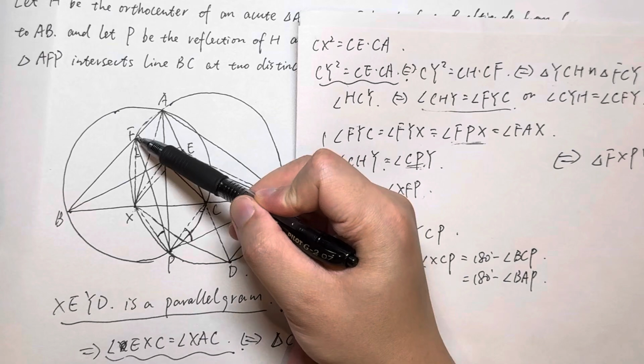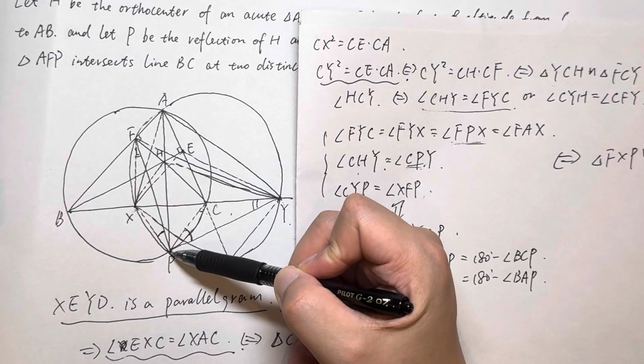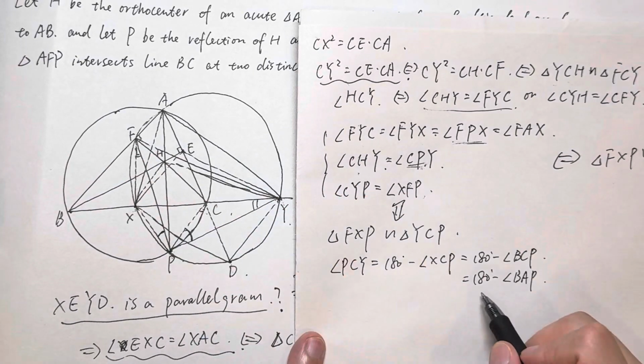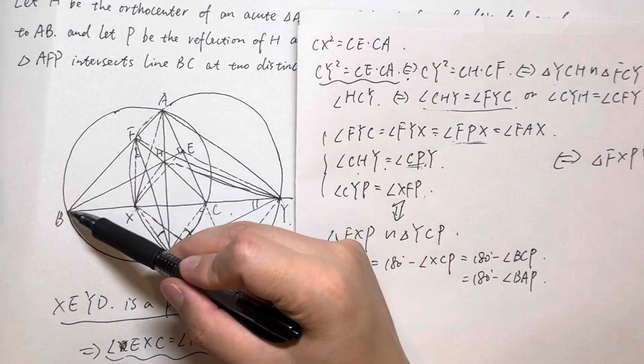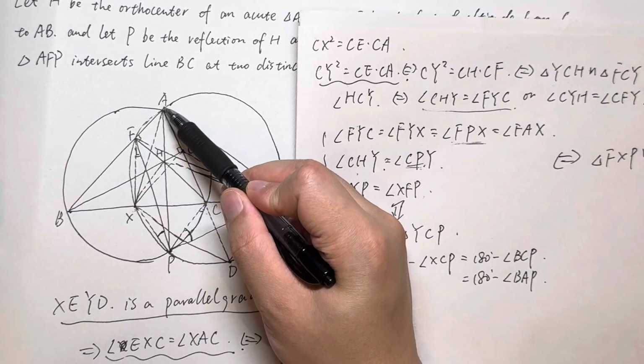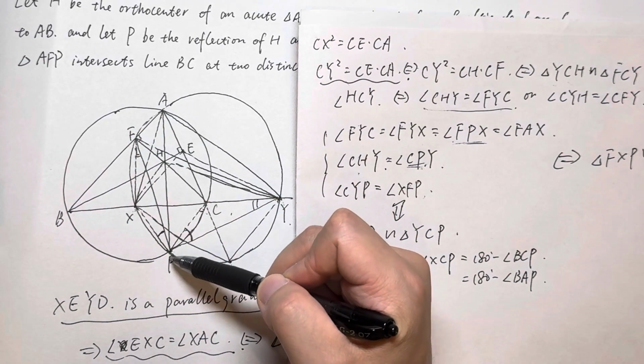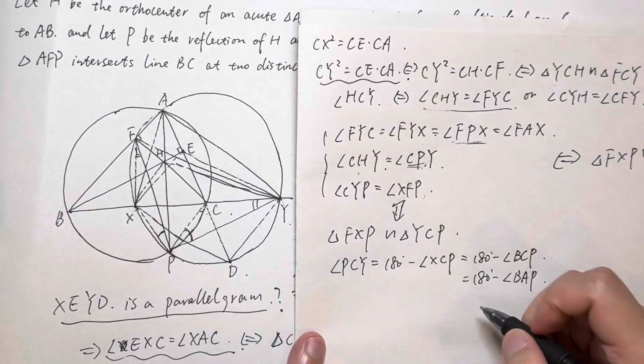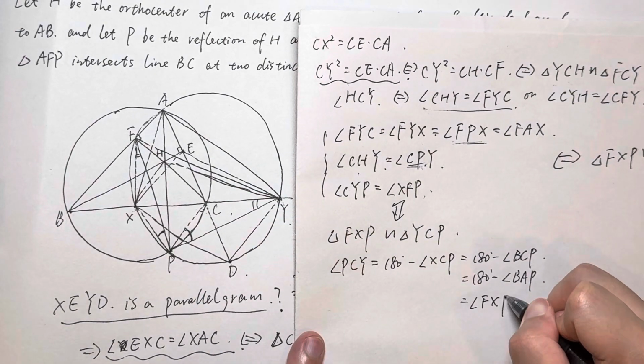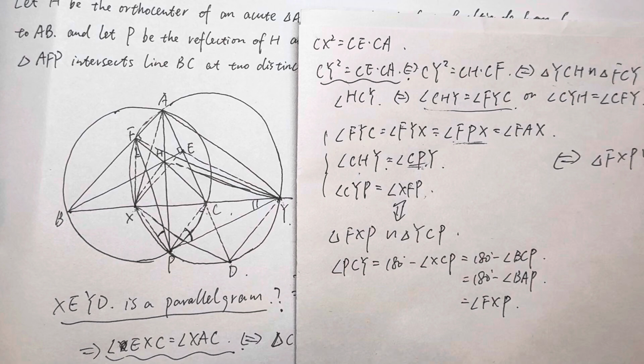And we know AFXP are cyclic, which means 180 degrees minus angle BAP, that is minus angle FAP, which is angle FXP. So it equals angle FXP. Right?